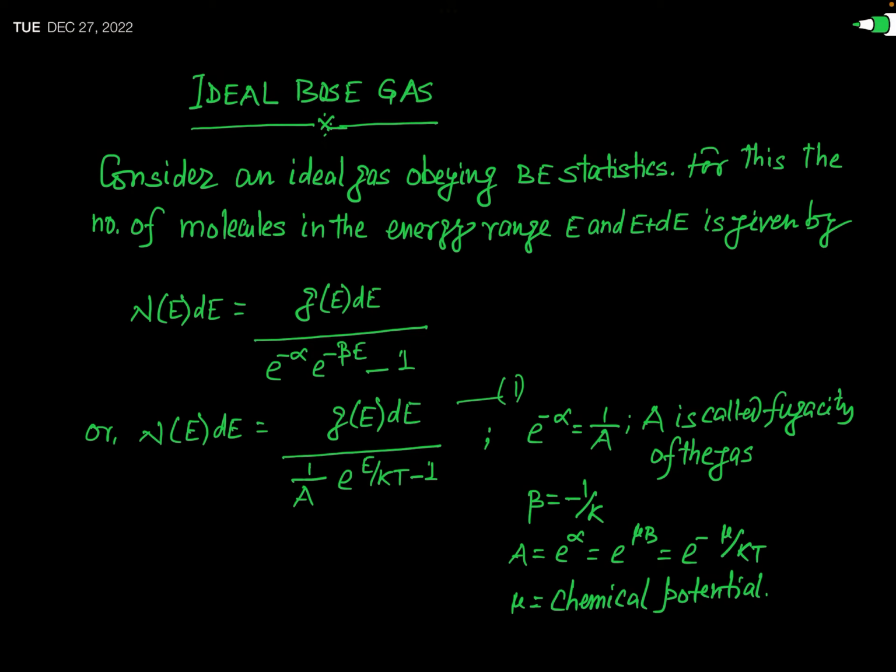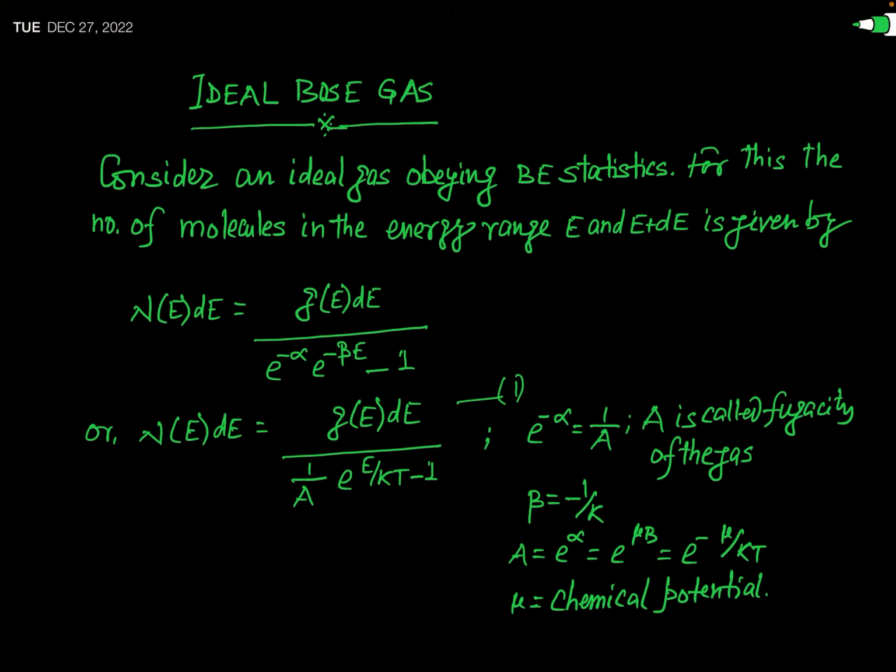So definitely it is obvious that the result will be different. You will see in this lecture the deviation of the equation of state and the expression of energy of the gas from the ideal gas classical value.